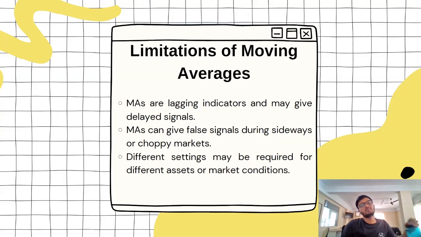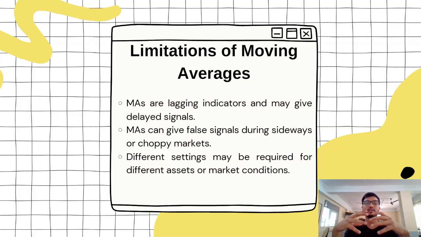Limitations of moving average. Moving averages are lagging indicators and may give delayed signals. And MA can give false signals during sideways or choppy markets. For example, if the markets are consolidating, and you see the crossover of 9 21 or 9 15 or 100 200, this can give you a false signal, because the markets are sideways.